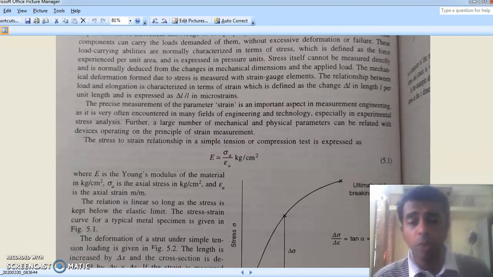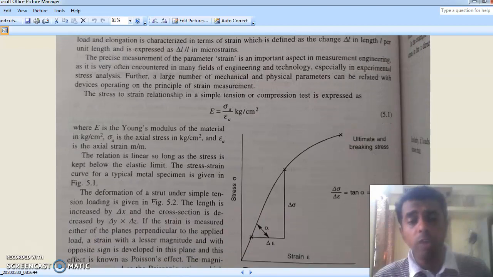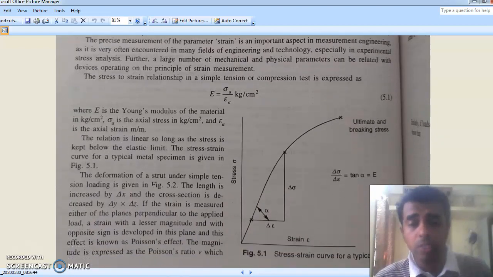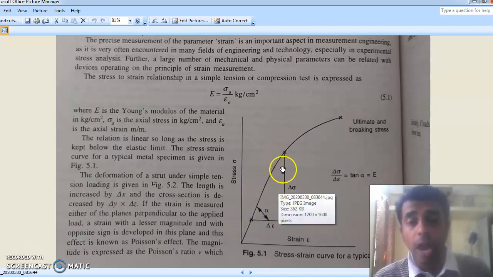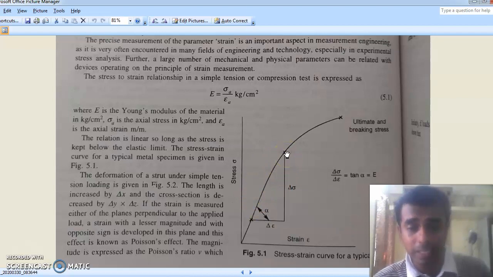Now we usually plot stress versus strain, and we usually expect a linear curve, but the linearity is only up to a point. This is the point of linearity where you can take the slope. After that point, the inelasticity starts.